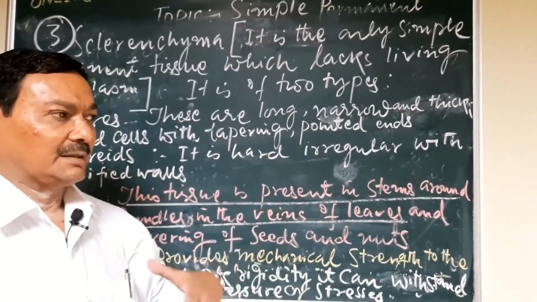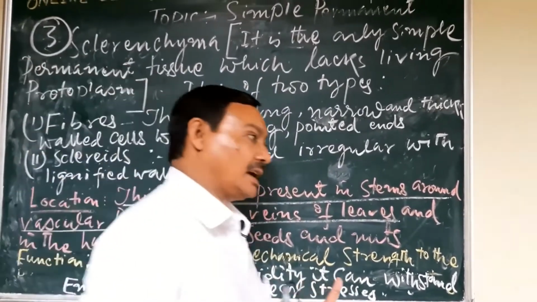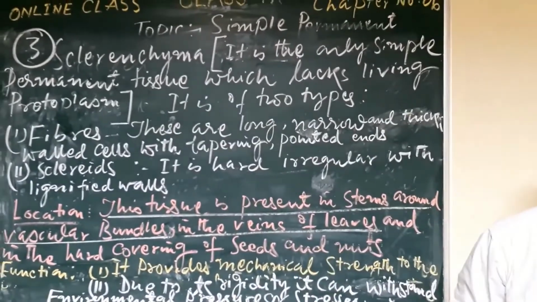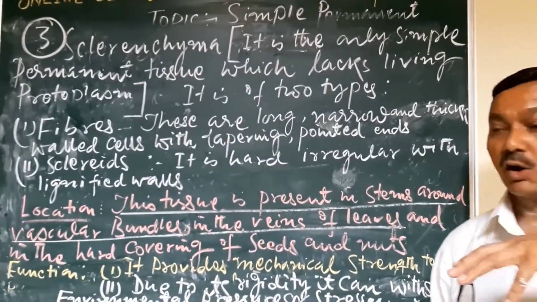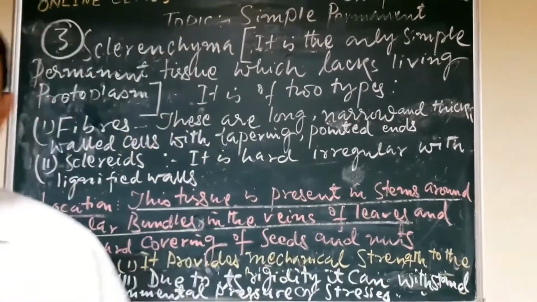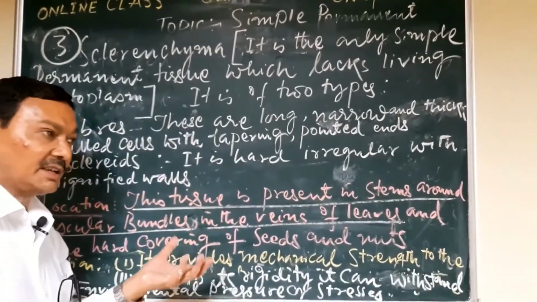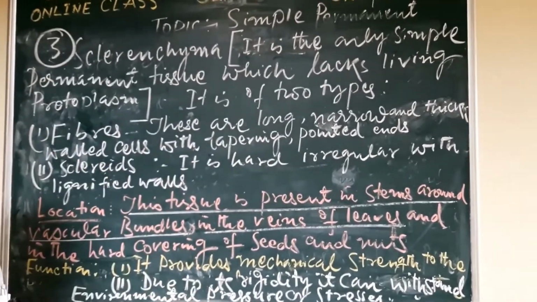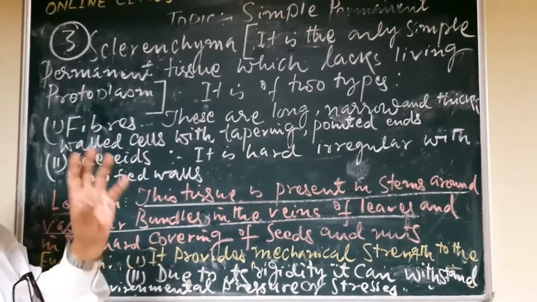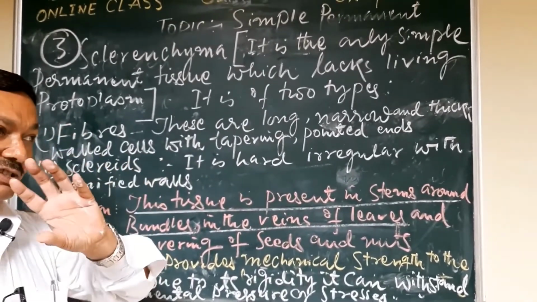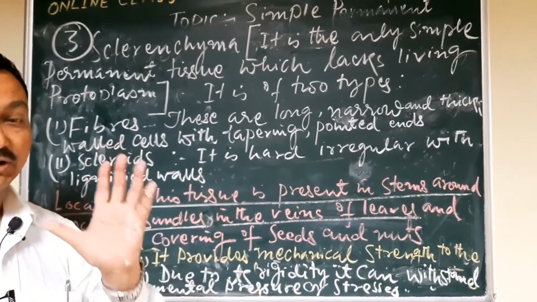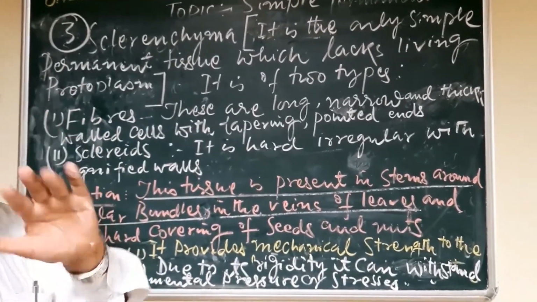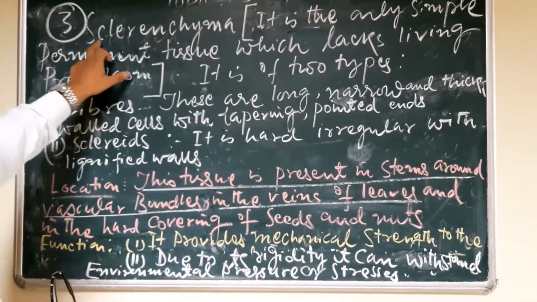A plant has extensive branches, and due to wind and other adverse environmental circumstances they can be bent, and Collenchyma provides strength and support to that extent. And the third one is Sclerenchyma.